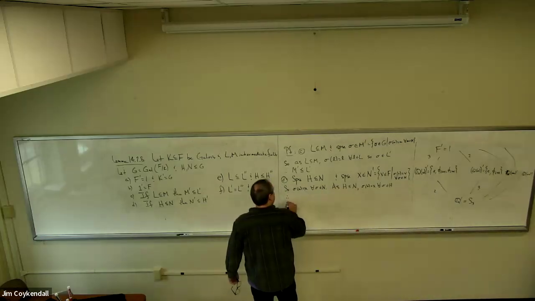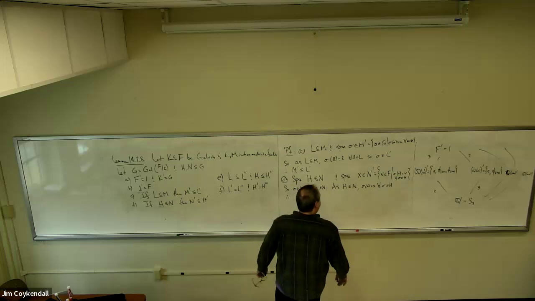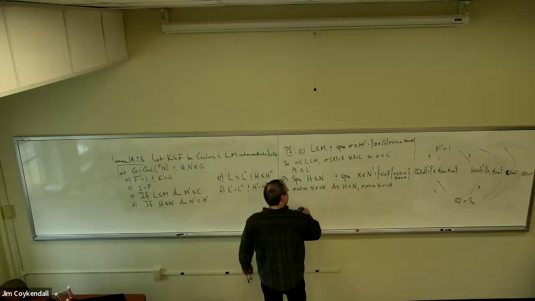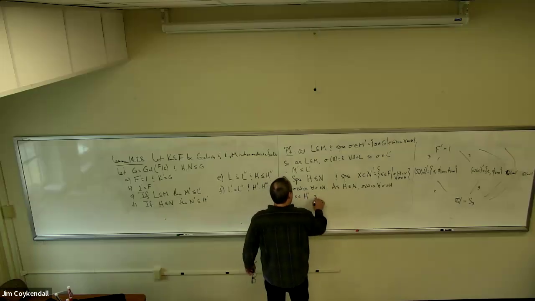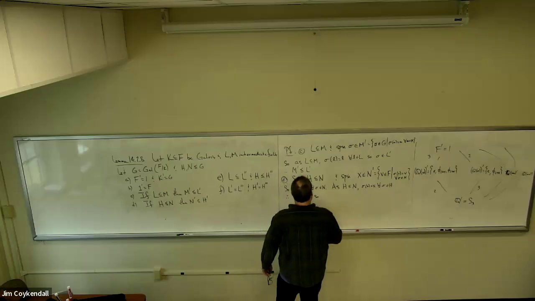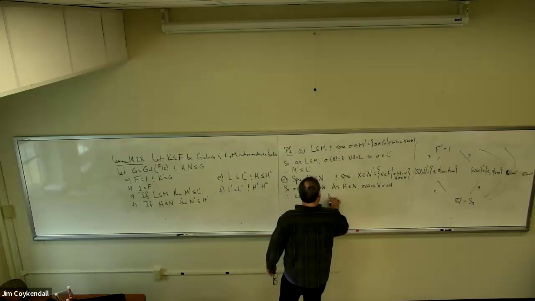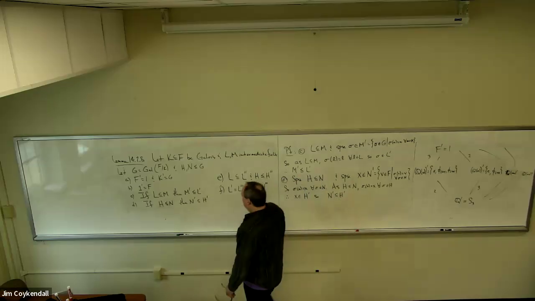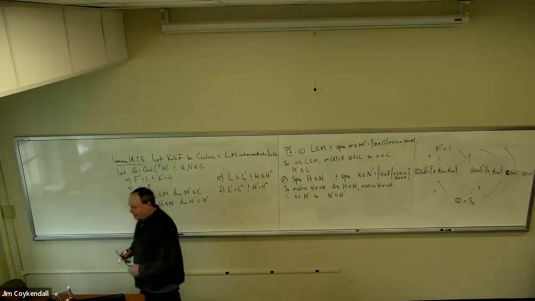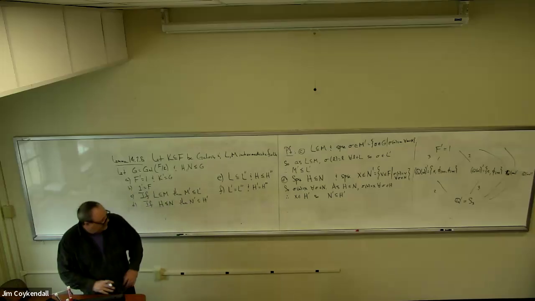Therefore, this means, by definition, x is in H prime. So what do we got here? N prime is contained in H prime. Okay, not too shabby. So far, so good.